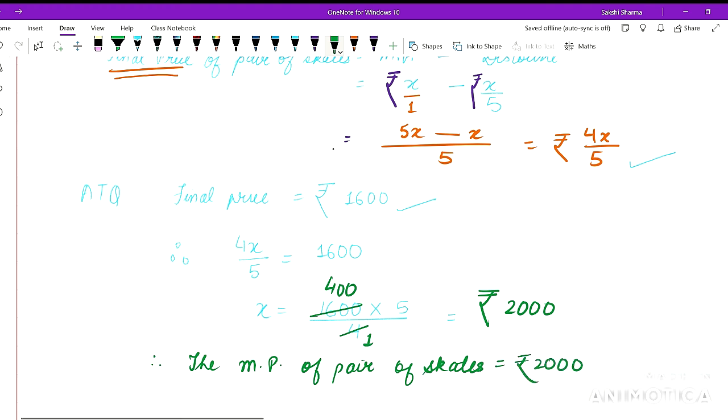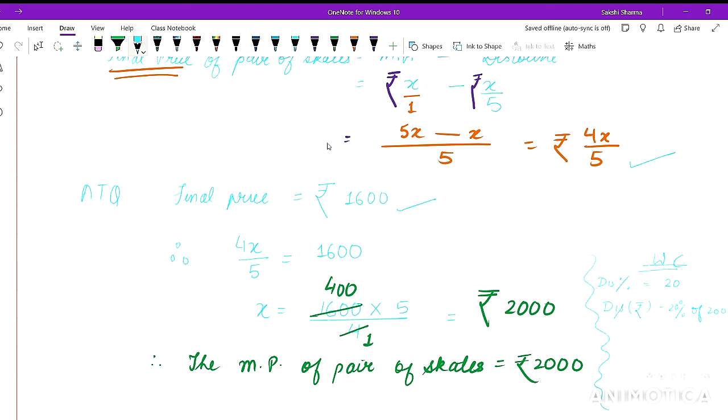You can also verify your answer by working out how much discount was given. So the discount percentage was 20. So if we want to find out the discount in rupees, 20% of 2,000 rupees. This was the price marked on the pair of skates.